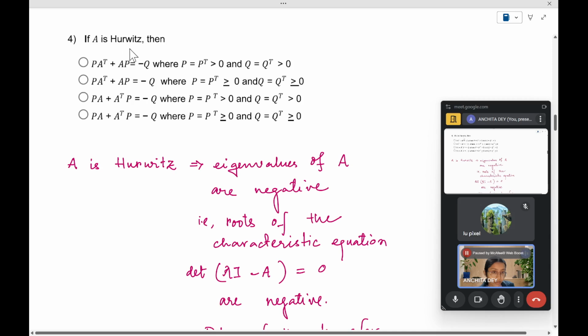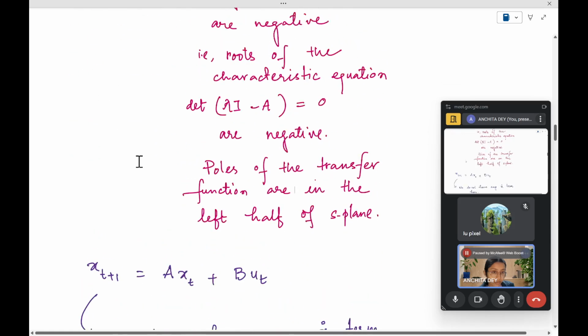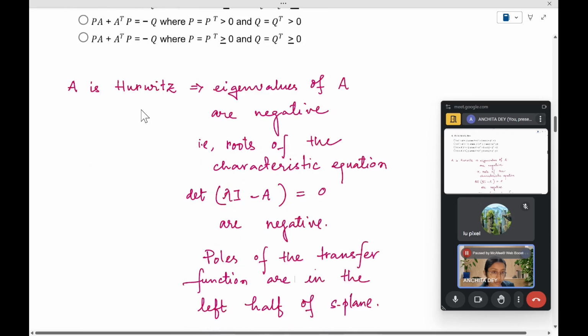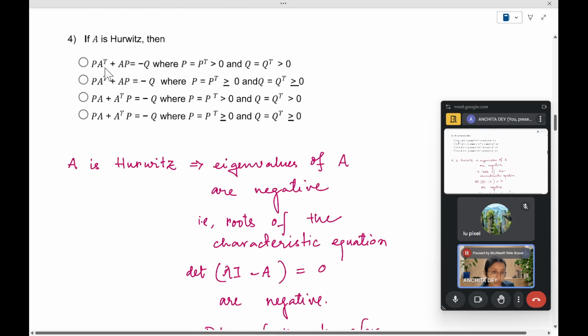So in the case of the continuous time system, we will be analyzing this. For discrete, you can also do similar analysis. So if A is Hurwitz, which of these options would be correct? This PA transpose plus AP, or PA plus A transpose P, whichever you pick, seems to be a structure equal to a negative sum matrix.